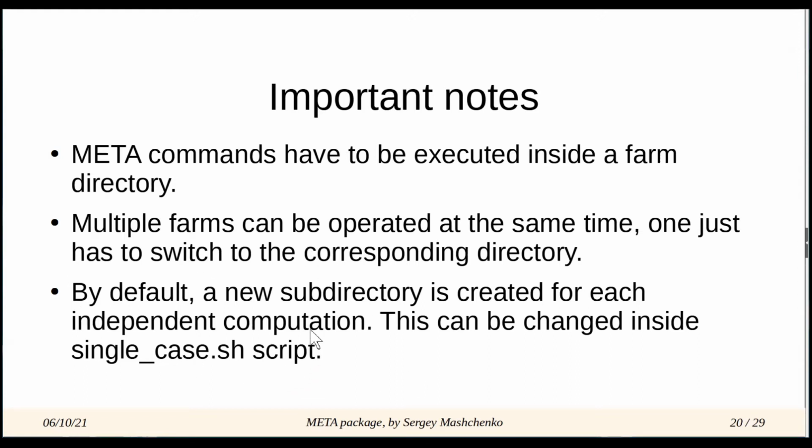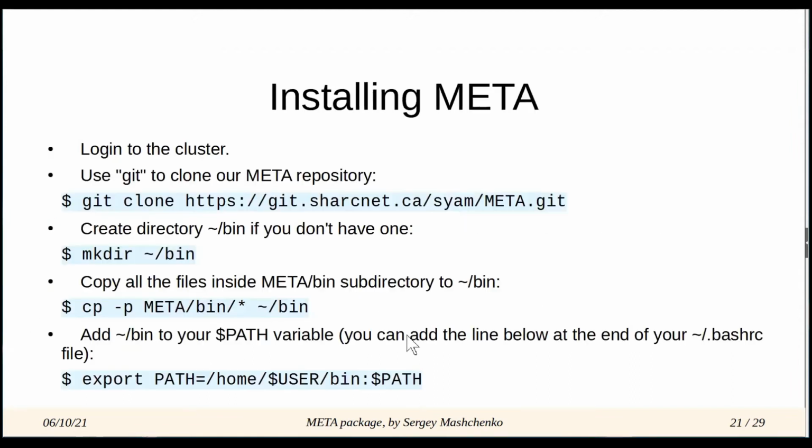Importantly, by default, a new subdirectory is created inside the farm root directory for each independent computation. This is the safest behavior, that's why it's the default one. If you compute thousands of things, it's probably fine. If you compute hundreds of thousands, you probably don't want to create hundreds of thousands of subdirectories. There is an easy way to change this default behavior, and I will explain later.